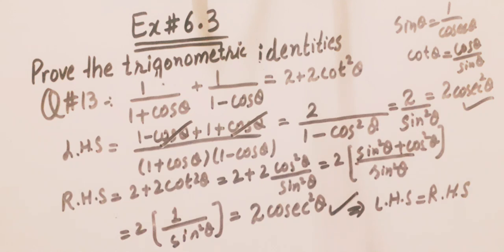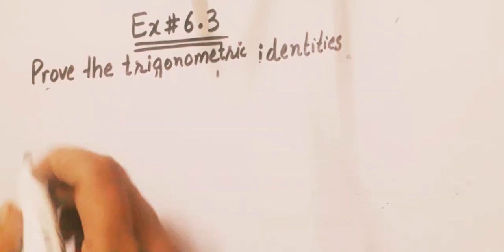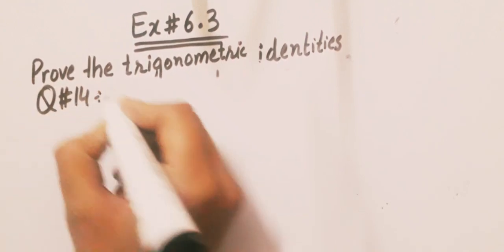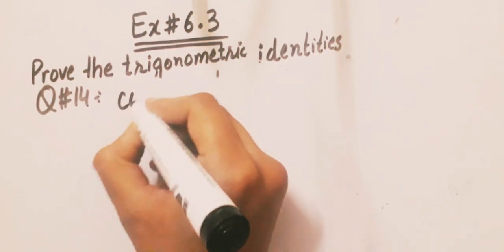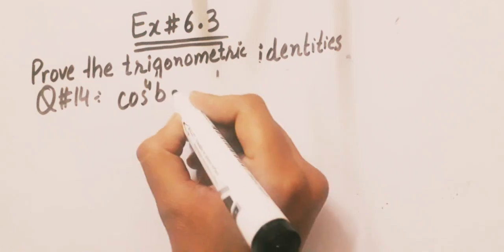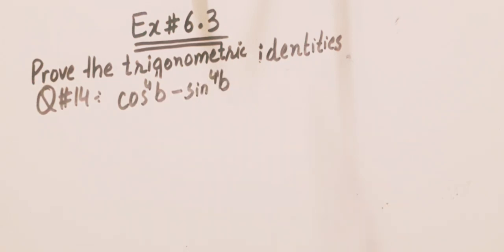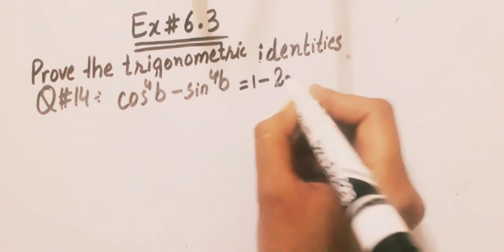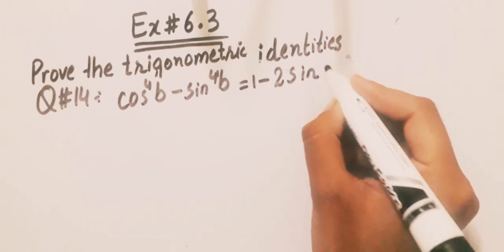Now we will solve question number 14. In question number 14 we have cos power 4 b minus sin power 4 b is equal to 1 minus 2 sin square b.